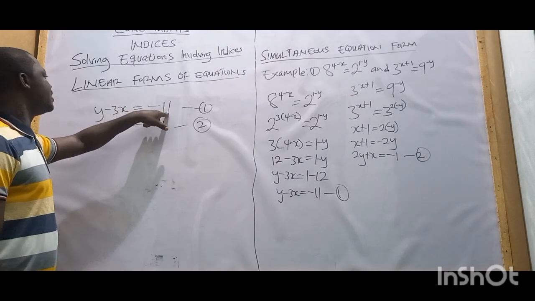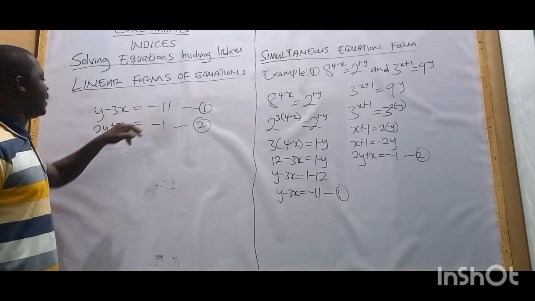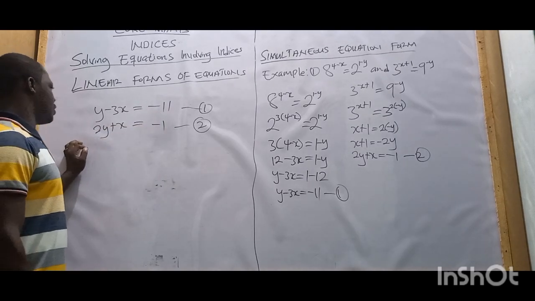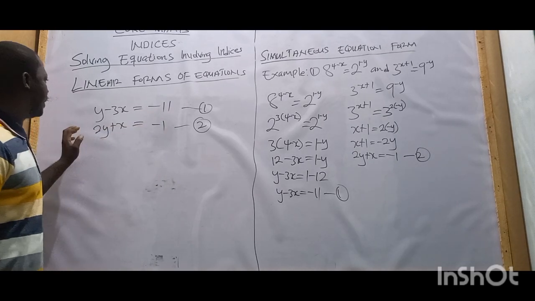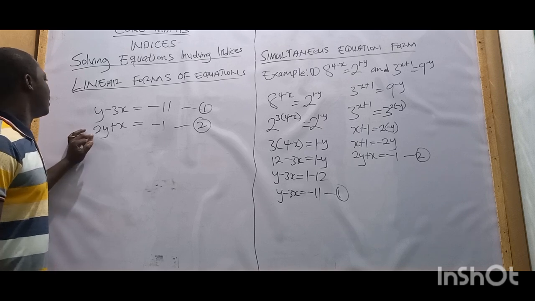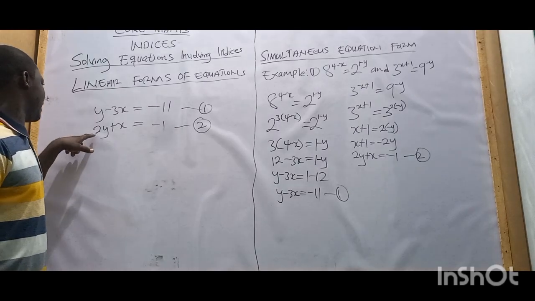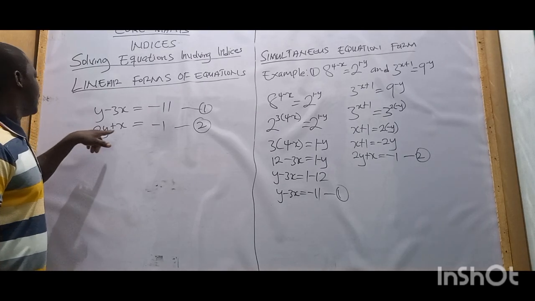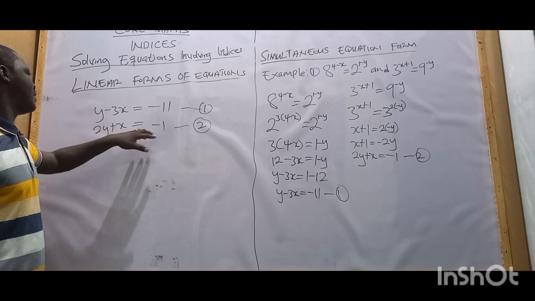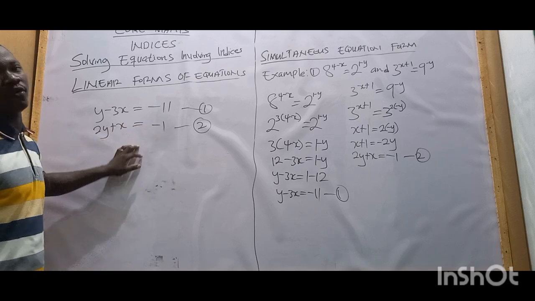Because the 11 is here, the 22 will be a big number, and I don't like that. So I prefer the easiest one. So in solving, I can multiply my equation 2 by positive 3. Right? So if I multiply this, here I'll get 6. Here I'll get 3. Here I'll get negative 3. So that this one will not be a very big number for me.